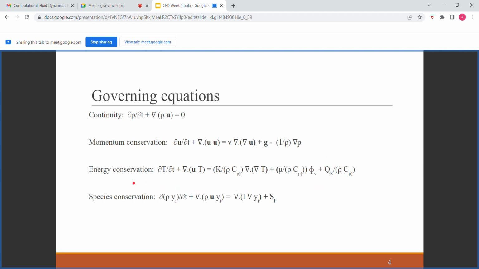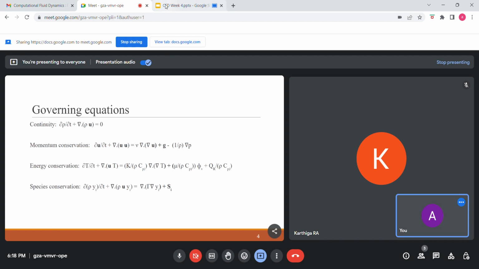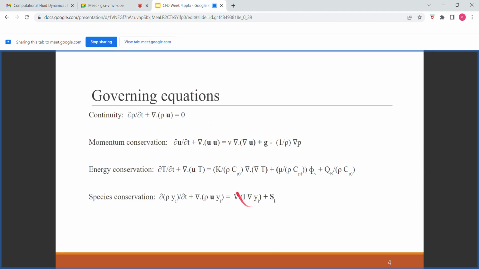In addition to this, when mass transfer or chemical reaction is involved, we need to account for species conservation also. So it is ∂(ρy_i)/∂t + ∇·(ρuy_i) = ∇·(Γ∇y_i) + S_i. Here y_i is the mass fraction of the individual species.